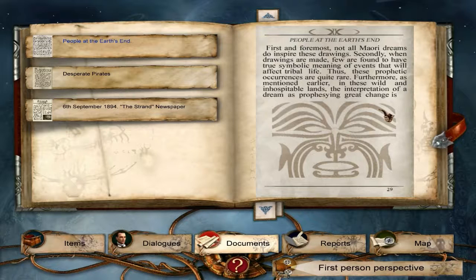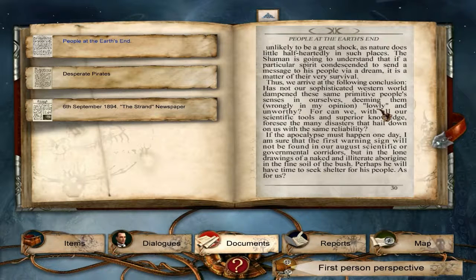Secondly, when drawings are made, few are found to have true symbolic meaning of events that will affect tribal life. Thus, these prophetic occurrences are quite rare. Furthermore, as mentioned earlier, in these wild and inhospitable lands, the interpretation of a dream as prophesying great change is unlikely to be a great shock, as nature does little half-heartedly in such places.